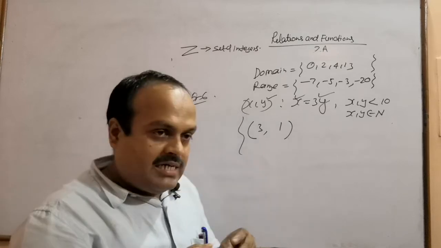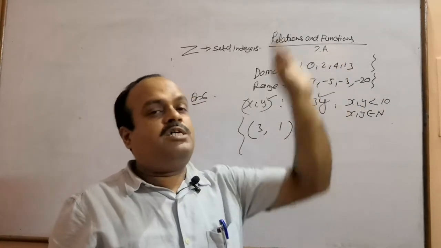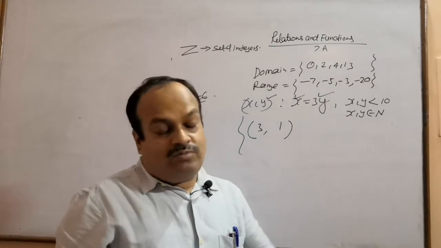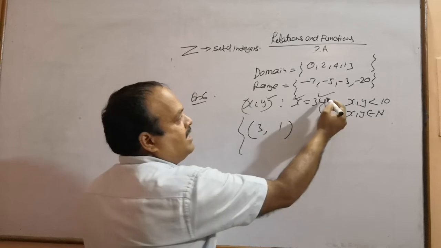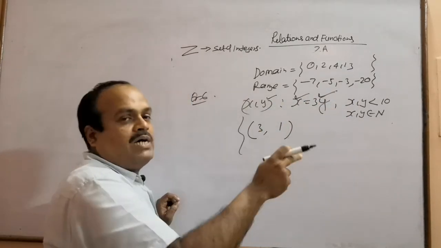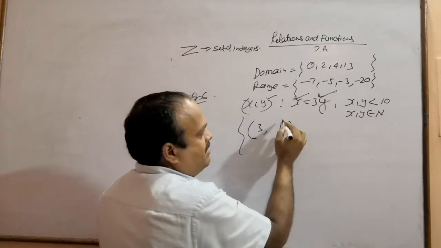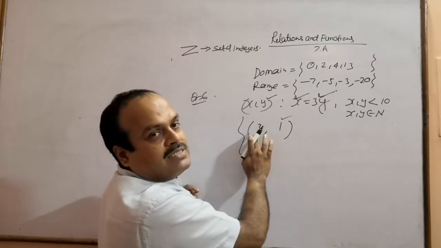Keep it in mind that the value of x and y both must be less than 10. So the value of x depends on the value of y. So start giving the value of y first. I have given 1, so I calculated the value of x 3.